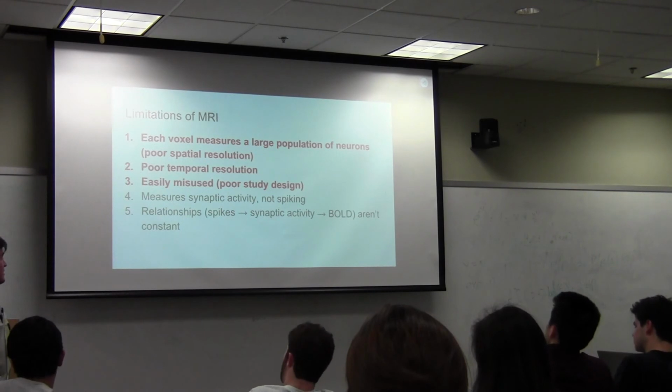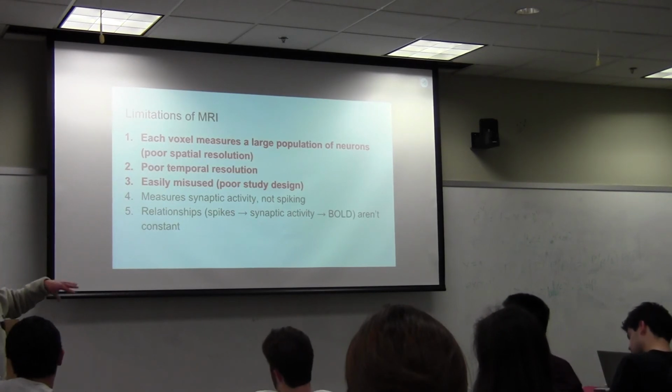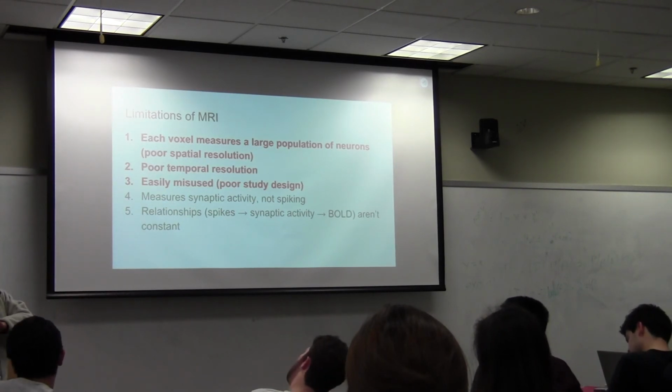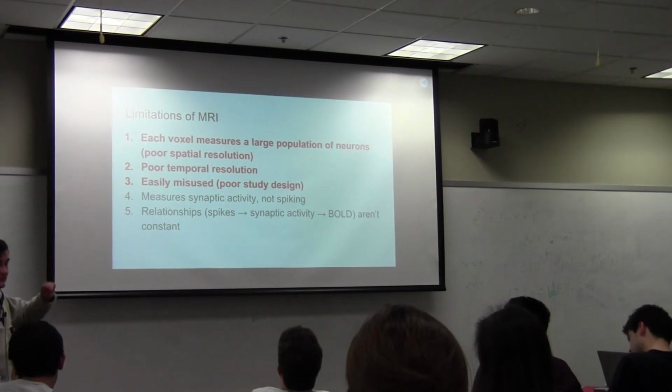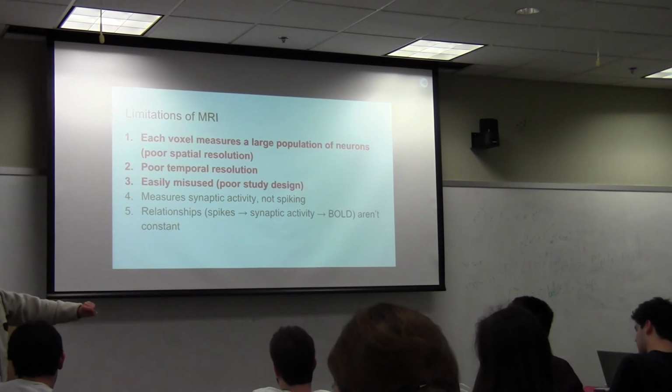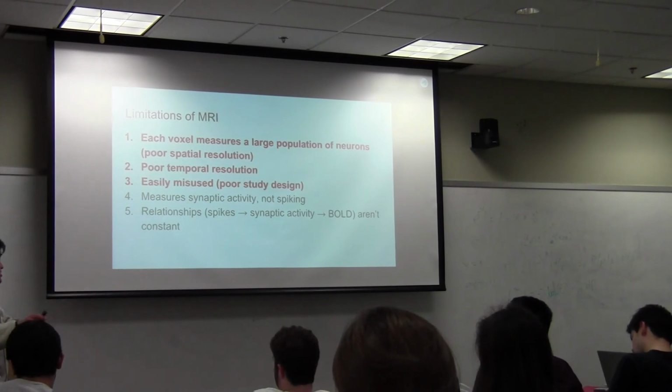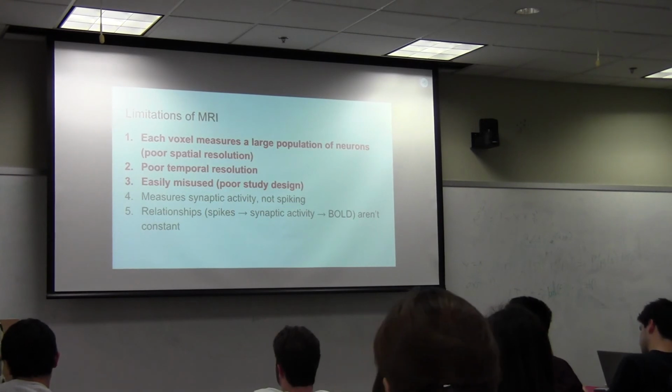And then it measures the synaptic activity based on the glutamate, so it doesn't measure the spiking rate of neurons. And then also the relationships between spikes, synaptic activity and your BOLD output are not constant. They're always changing over time, so you can't ever really get a good track on those.